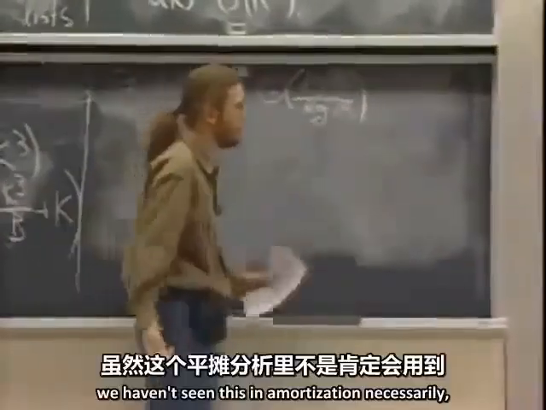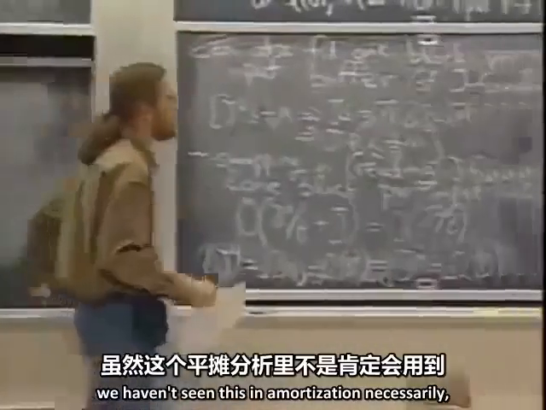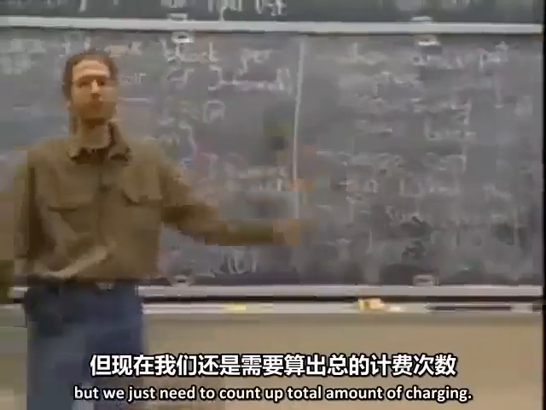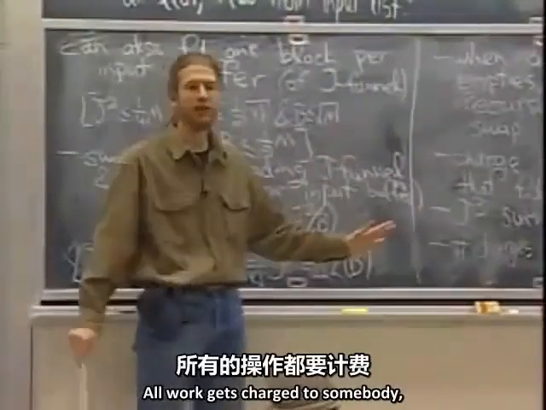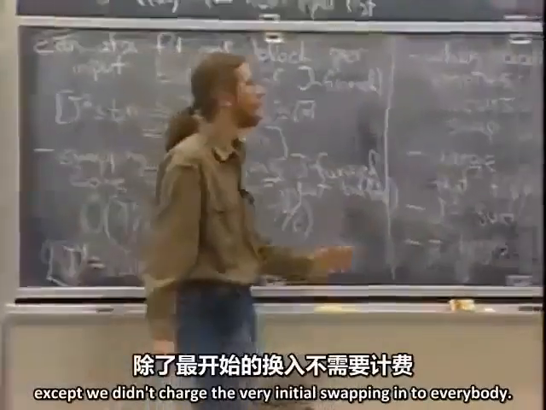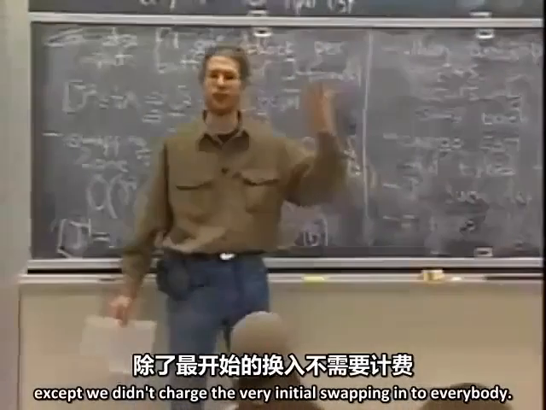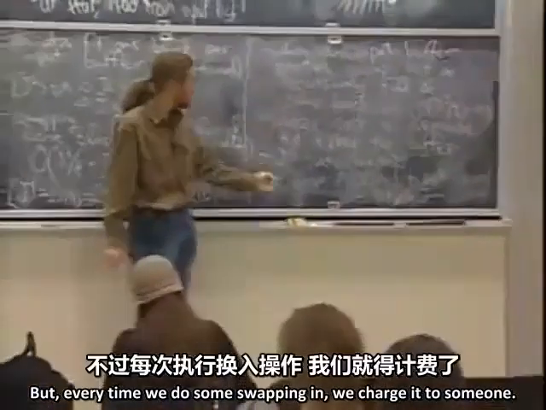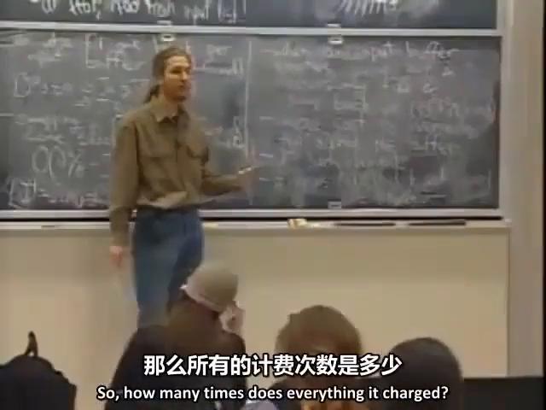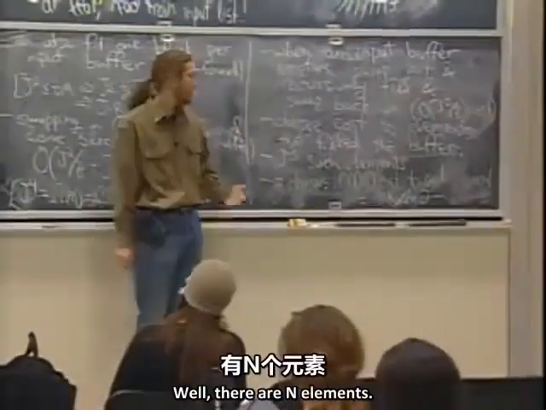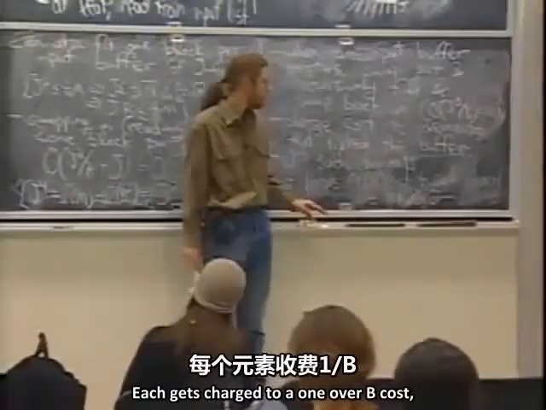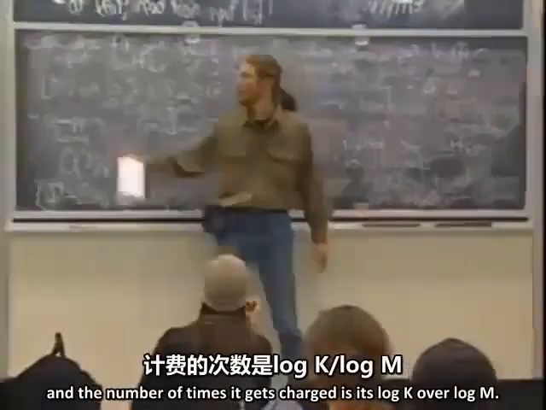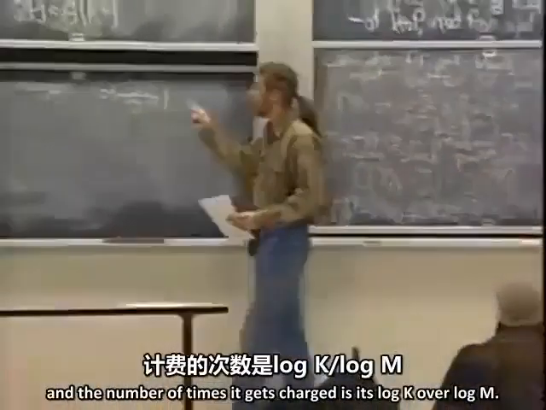Now, we haven't seen this in amortization necessarily, but we just need to count up the total amount of charging. All work gets charged to somebody, except we didn't charge the very initial swapping in everybody. But every time we do some swapping in, we charge it to someone. So how many times does everything get charged? Well, there are n elements. Each gets charged at a 1 over b cost. And the number of times it gets charged is this log k over log m.